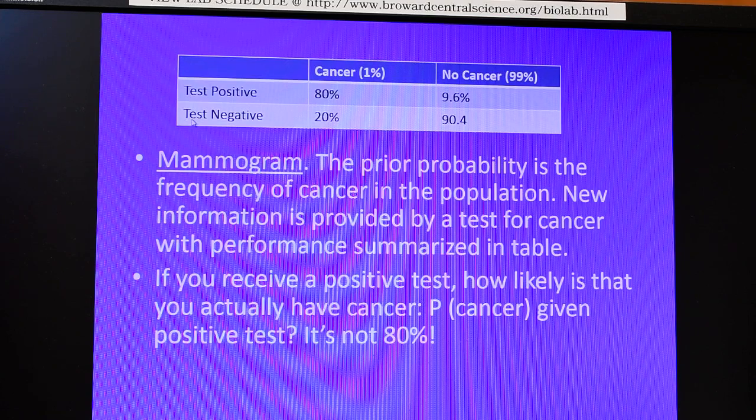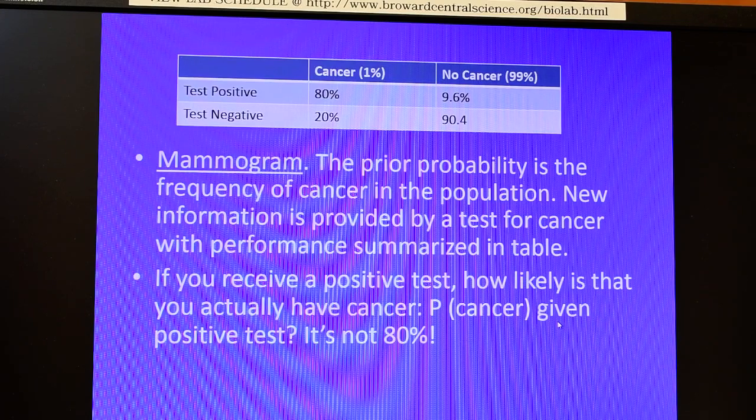On the other hand, if you give somebody this test and they have cancer, it's wrong 20% of the time. It tells you it's negative. Notice those two have to be additive. These also have to be additive. So what does it mean then if you go get a test?